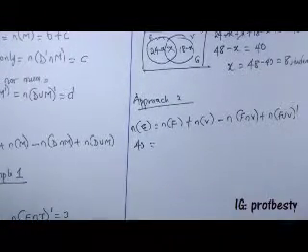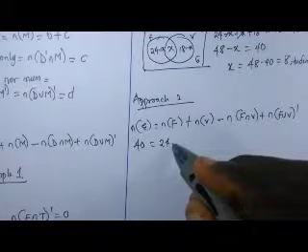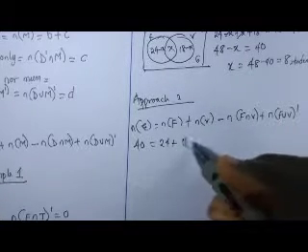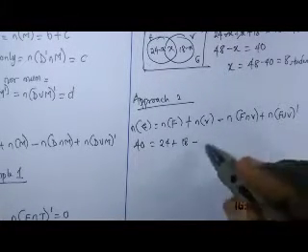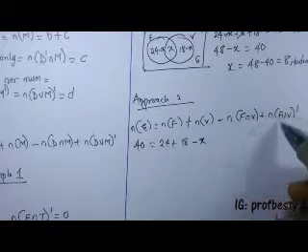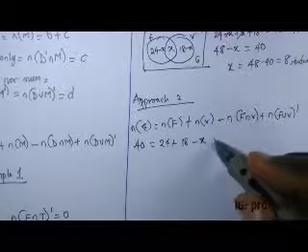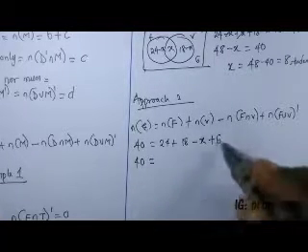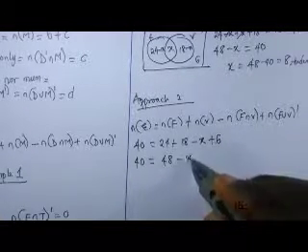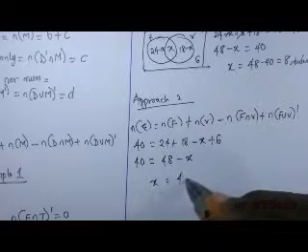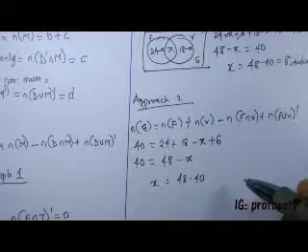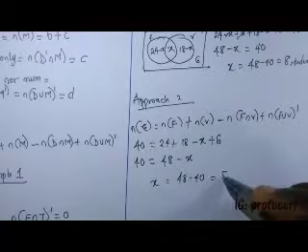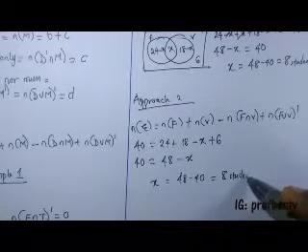What's my number of people that play football? 24. Number that play volleyball is 18 minus their intersection, we don't know yet, let's use X. Then number that play none plus 6. I have 40 is equal to this plus this, which is 48 minus X. That means my X is going to be equal to 48 minus 40, the same answer, which is 8 students.